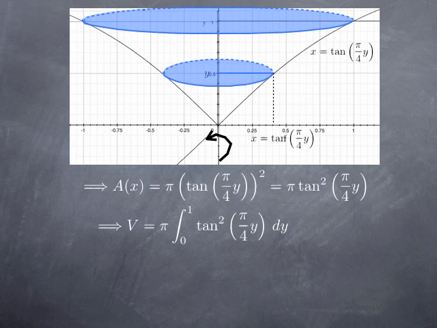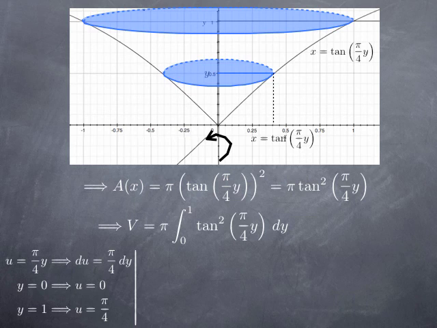I have tangent squared of something that is not just a variable y, but a constant multiple of it. So we're going to start with a simple substitution, where I substitute for pi over 4 y the new variable u, in which case du is pi over 4 dy, or in other words, dy can be replaced by 4 over pi du, which is what I'm going to do.